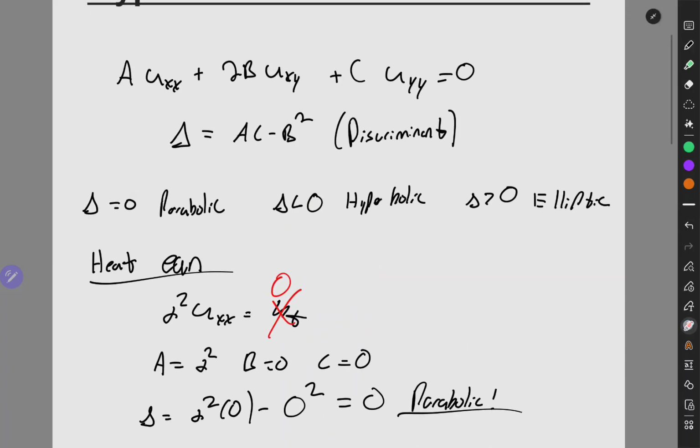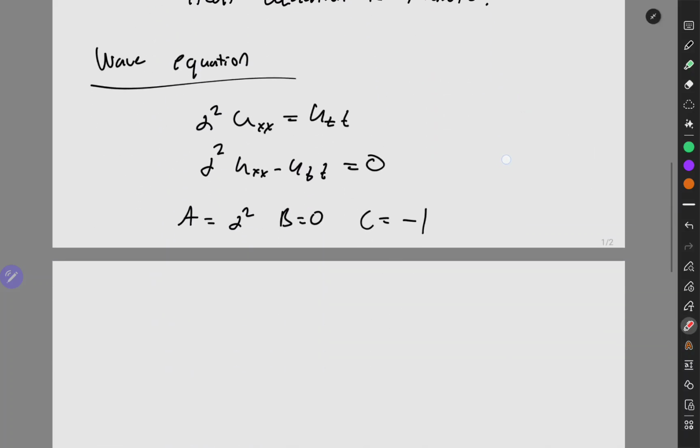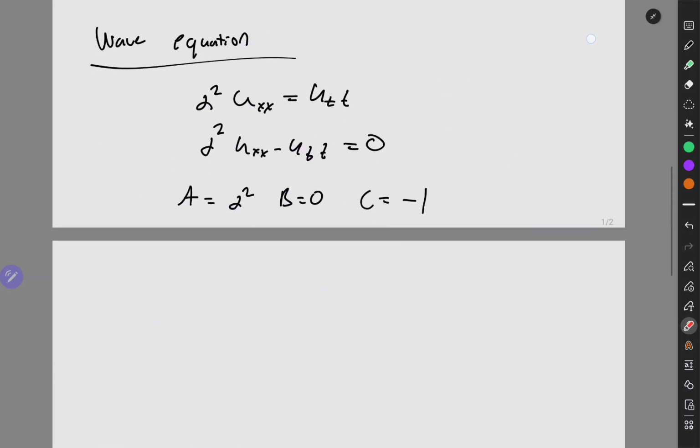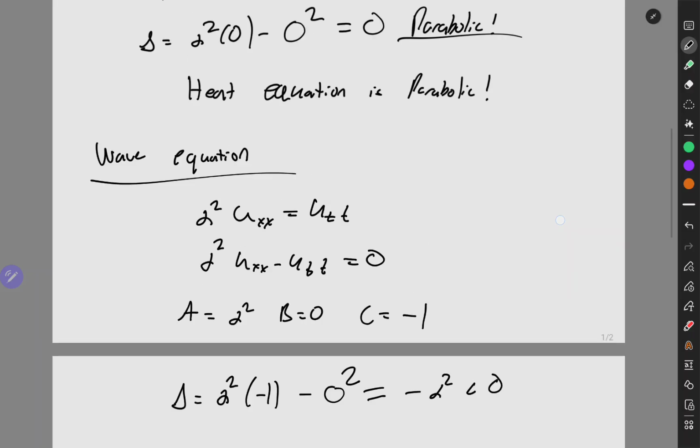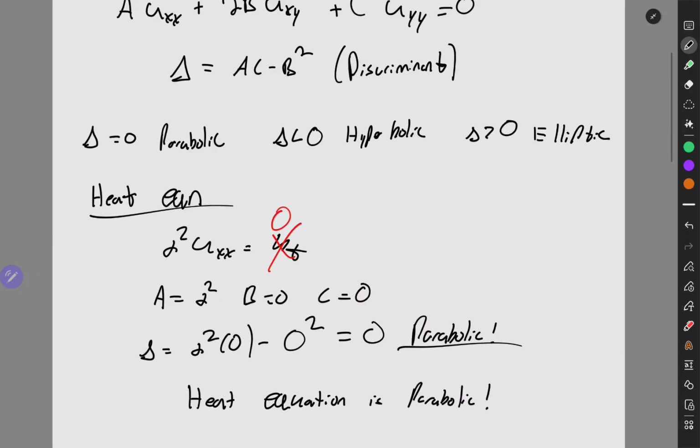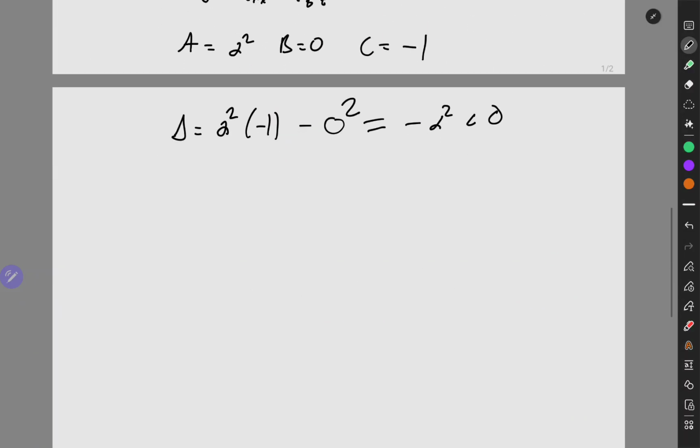Looking at this, c is negative 1, and we don't have any b terms, we only have these two. So this is pretty simple. This is just alpha squared times negative 1 minus 0 squared, that is negative alpha squared, which is less than 0. If it's less than 0, it is hyperbolic. So the wave equation is hyperbolic.